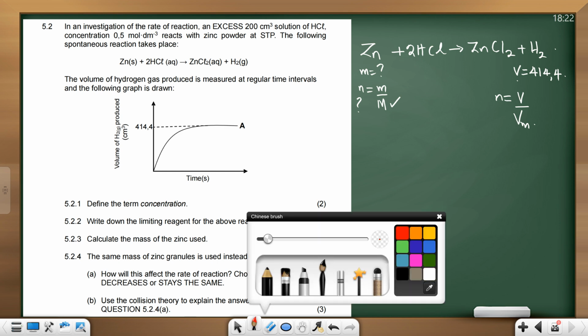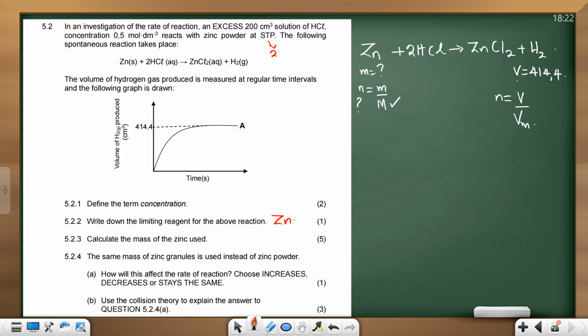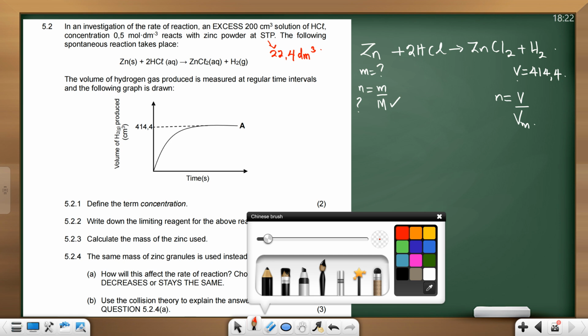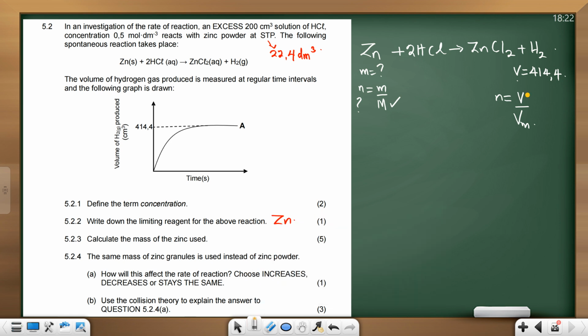This is 22.4 dm cube. This one you get from the formula page. Take note of the units: dm cube and cm cube. All right, so please check. I have this, I have this. Can I get this? So find the number of moles.